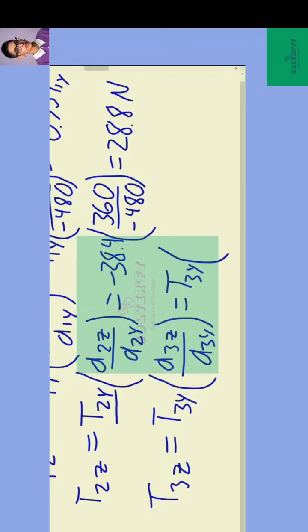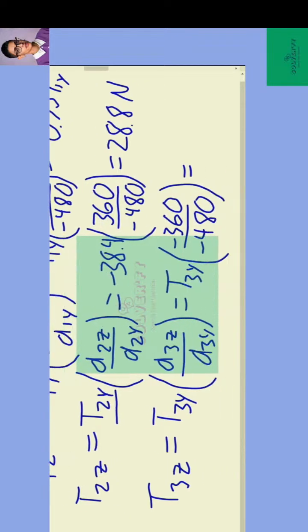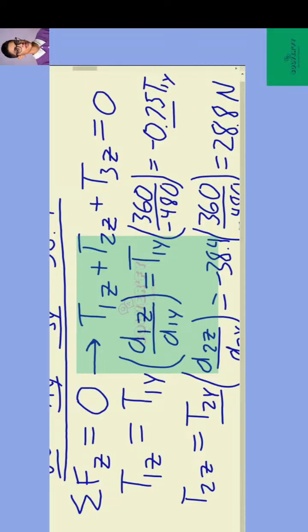That dimensional ratio is negative 360 millimeters for our z component, negative 480 for our y component. That gives us 0.75 T3y. So now that we have all of these values, let's plug that into our equation for the sum of the forces in the z direction.